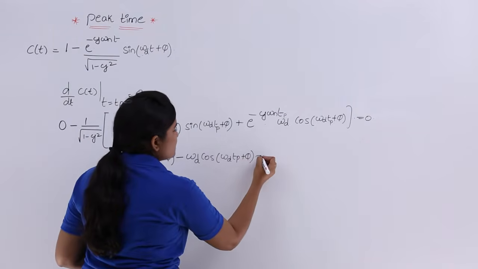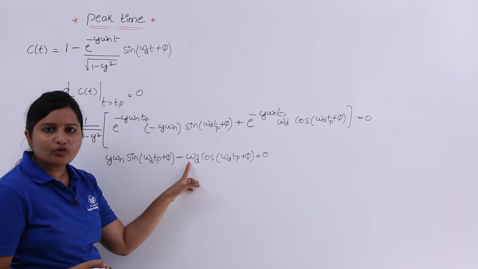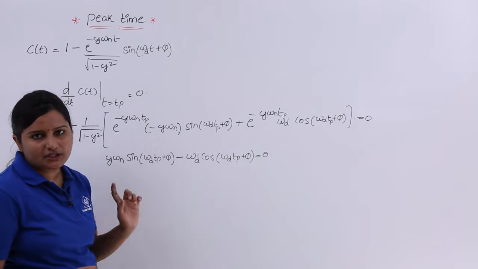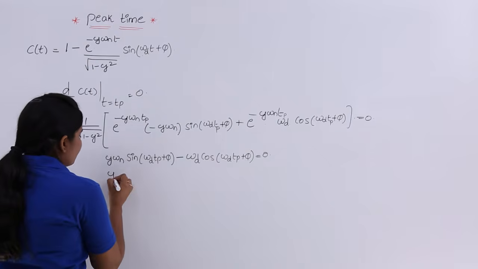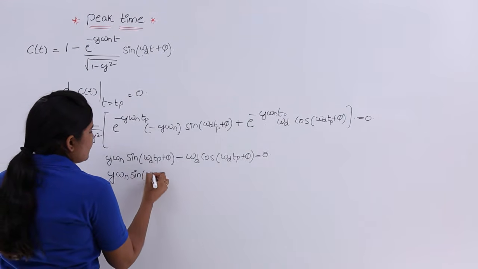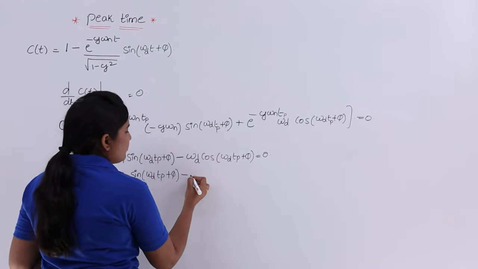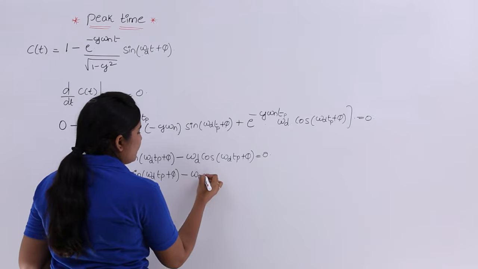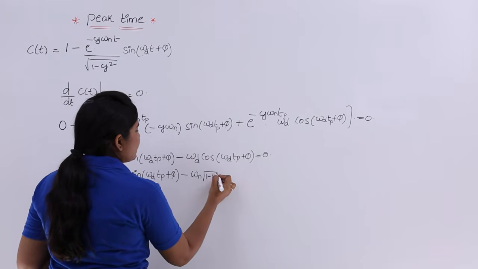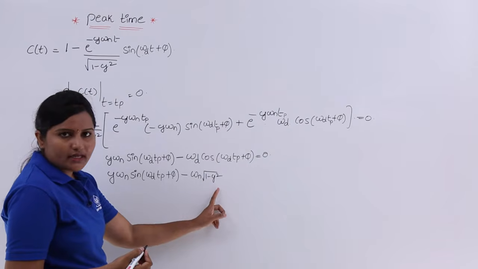We know that omega d is equal to omega n root of 1 minus zeta square. So I am going to consider zeta omega n sin omega d Tp plus phi minus, and in place of omega d I can take omega n root of 1 minus zeta square, as we know omega d is equal to omega n root of 1 minus zeta square.